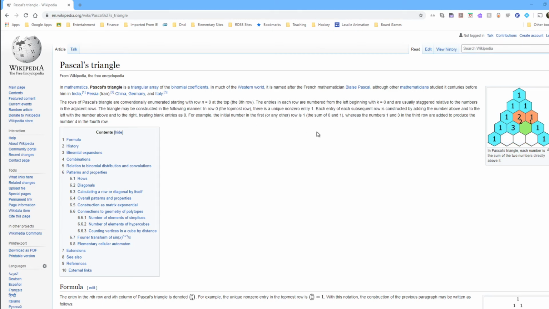So I'm going to use Wikipedia, and I'm sure you could find it on other sites as well. I just typed in Pascal's triangle Wikipedia. They have a little animation here of Pascal's triangle filling up, just like I showed you. You're just adding down, right? And if you had to go one more row, you would do 1 plus 4 would be 5, 4 plus 6 would be 10, 6 plus 4 would be 10, 4 plus 1 equals 5. So you'd have the ones on either side of that as well.